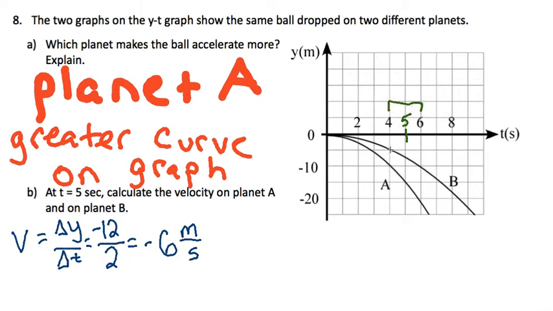At a time of 4, it's at this position. At a time of 6, it's down here. Your job is to find the slope of that line that connects those 2 points. So use the same method that we did on planet A and find the speed at 5 seconds for planet B.